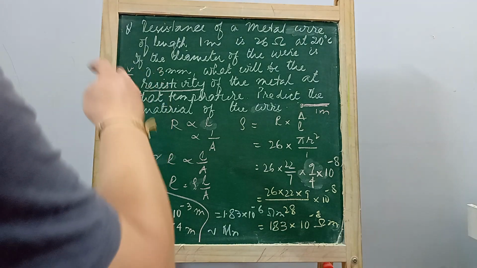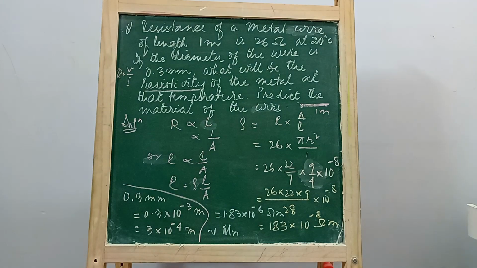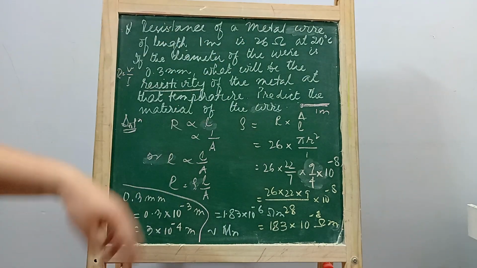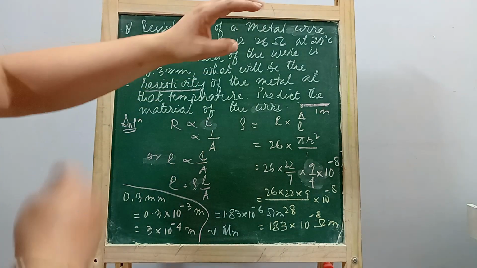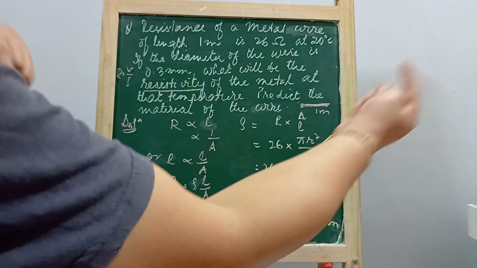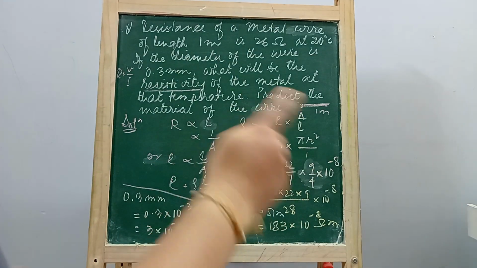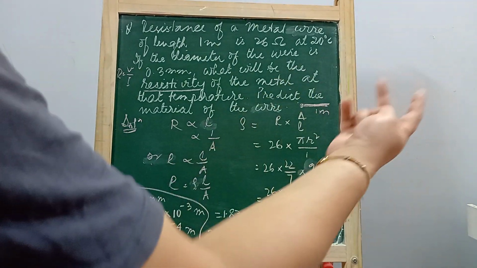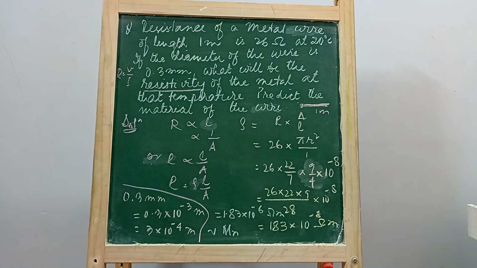So when 260 volt of potential difference is maintained, 10 ampere of current will flow through it. The ratio will be 26. That's what the resistance means. I just want you to understand the meaning of resistance. 26 ohms, what does it mean? It means the ratio of the potential difference applied across the wire to the current flowing through it. The V may change, the I may change, but the ratio will remain 26. That's what the resistance means.